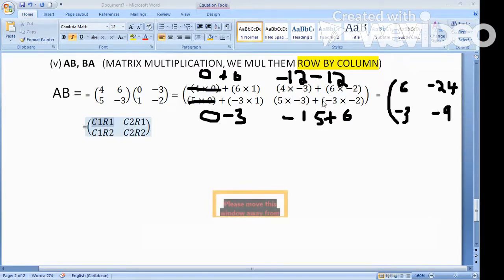Let me tell you, you can use your calculator to do all of this. It's right here, so with the brackets, just use your calculator. Don't stress yourself.